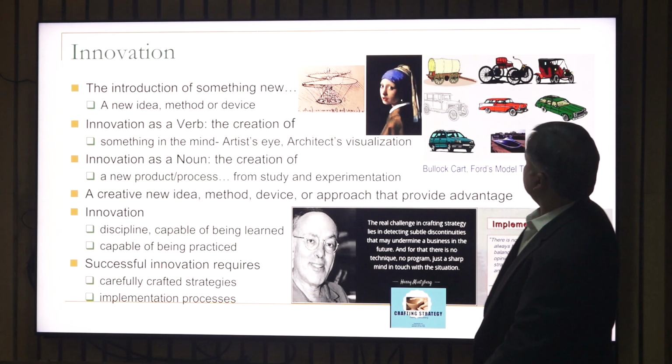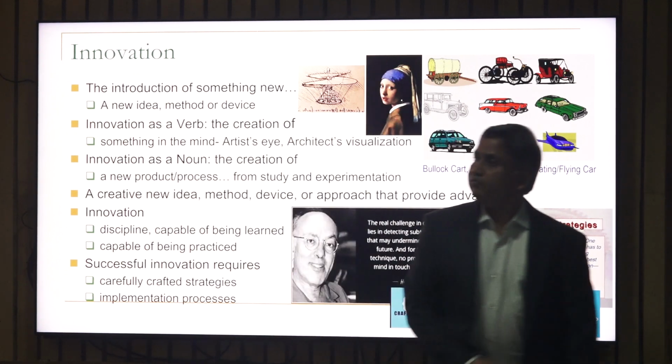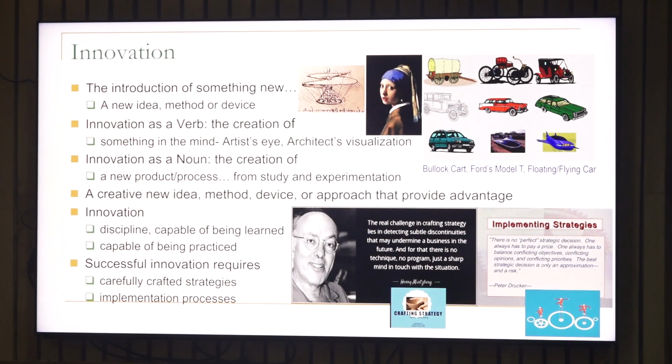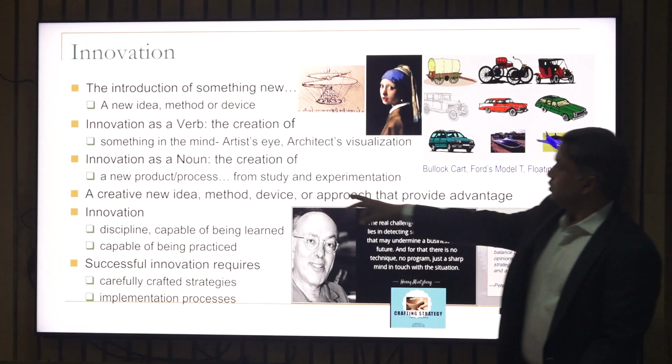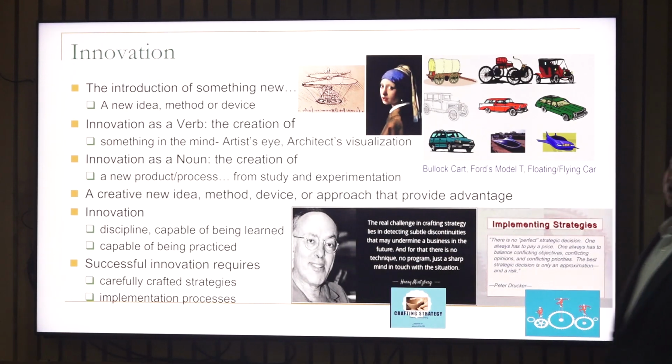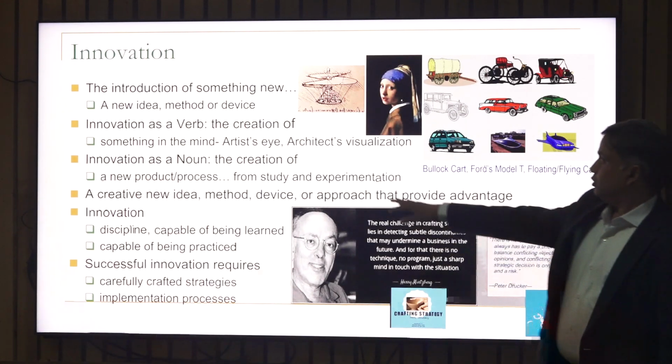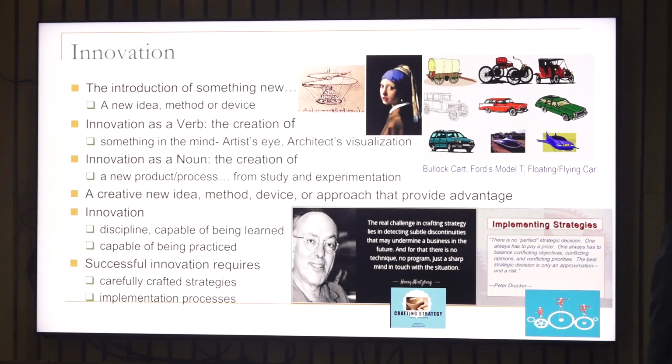Then we say innovation can be seen as something in action, we call it a verb, and something as an entity, we call it a noun. Innovation as a noun is when we develop some product or process from study and experimentation. Experimentation means the way we calculate the value of g, 2π under root L over g. In class 10 we do this experiment. That is the meaning of experimentation.